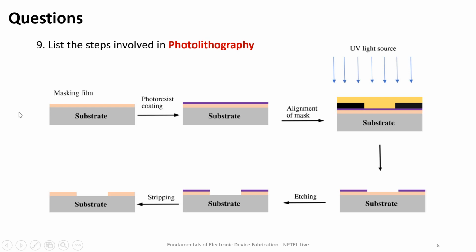First we have to clean the substrate and apply the oxide layer or the masking film. Then we go on to apply the photoresist. And after applying the photoresist, we will align the mask.